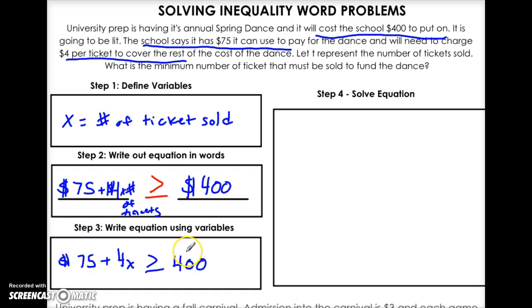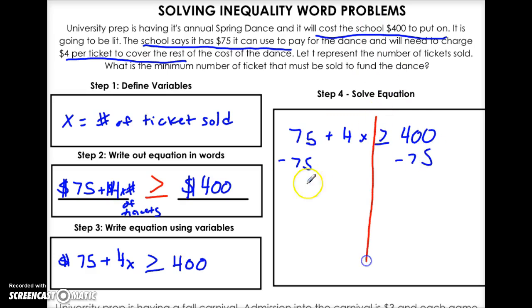Well, now let's solve this. We're trying to figure out how many tickets we have to sell to earn more than or equal to $400. You guys should be pros at solving this now. So we're going to subtract 75 from both sides. Let's put a line down the middle. That's my favorite way to do it.